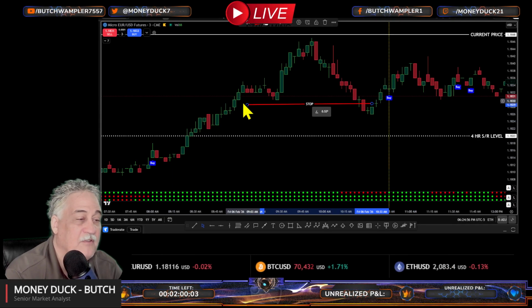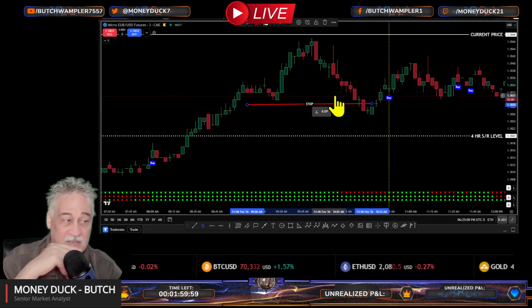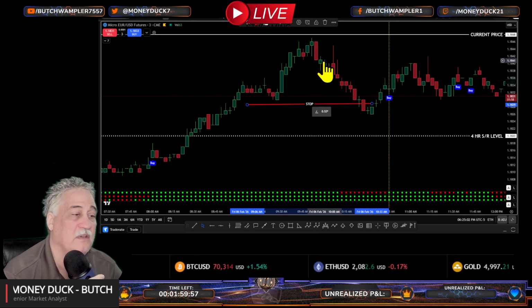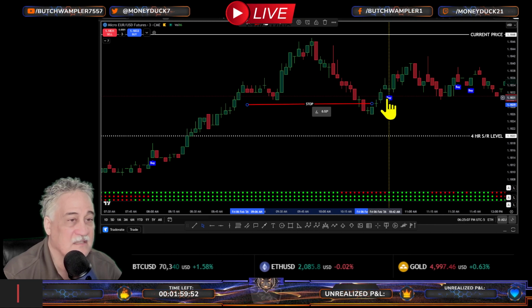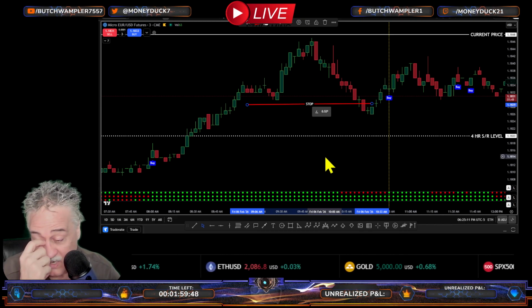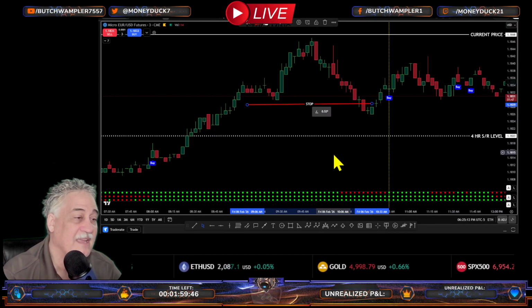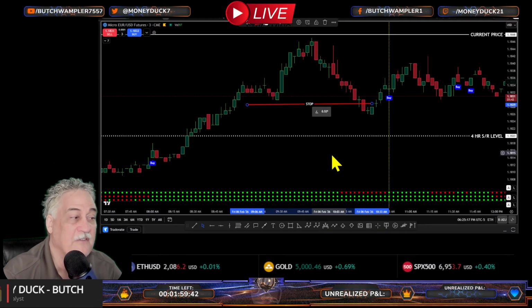This is all I made from there to there. I missed out on this because I didn't have any more runners to close. Had one runner left. It came back, stopped out my runner. Do I get into this? Again, if I'm trading 4 instruments, I'm going to let my winners run, and I may not get into trades closer to 11 o'clock. I don't have to.